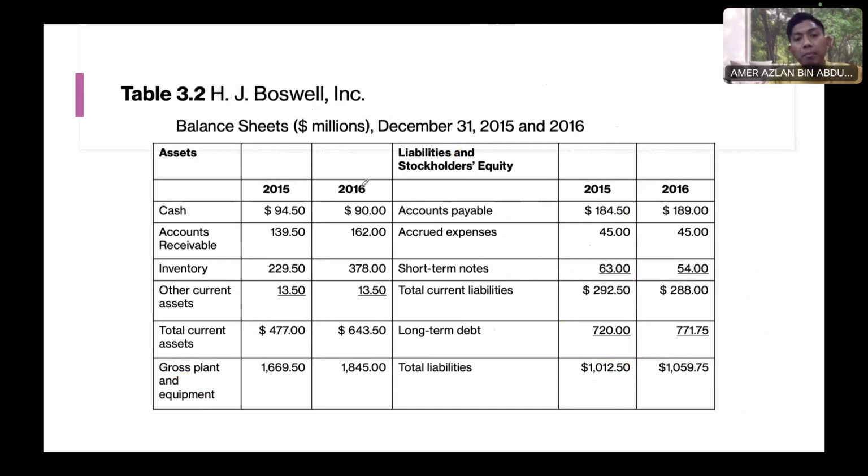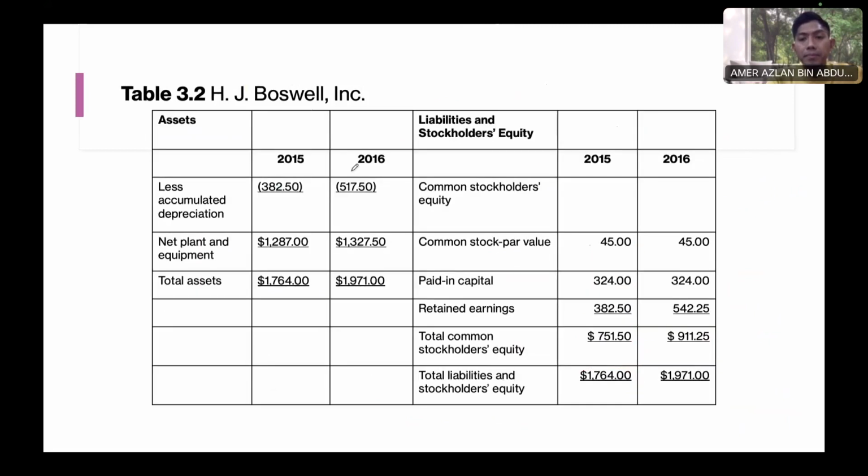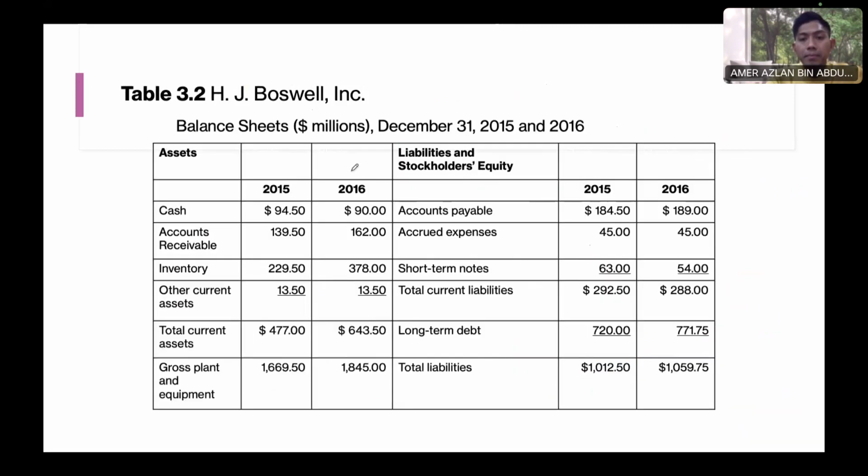So if you compare with 2016, you see here the company's total assets is around 1764. And this was being financed by total liabilities and total stockholders' equities.